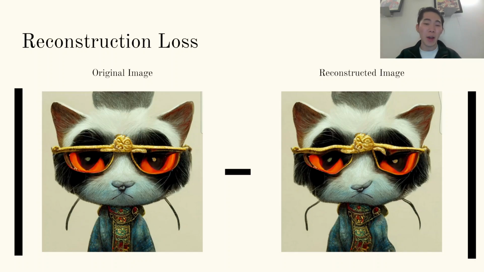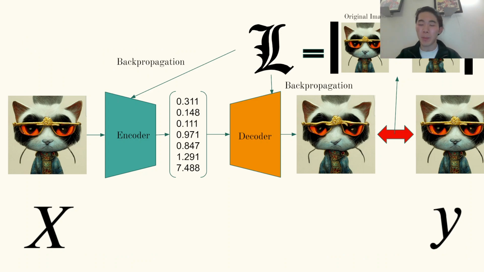You add all of that up, take the magnitude of it, and take the sum in a very similar way to regression. You can think of it as a regression task, where you need to try and predict every single pixel value as one number.